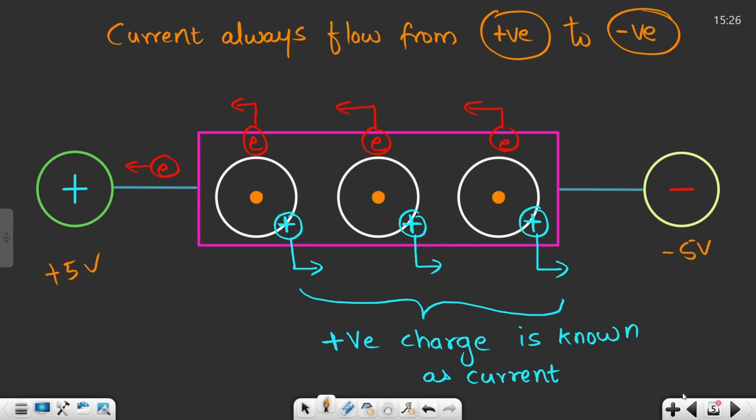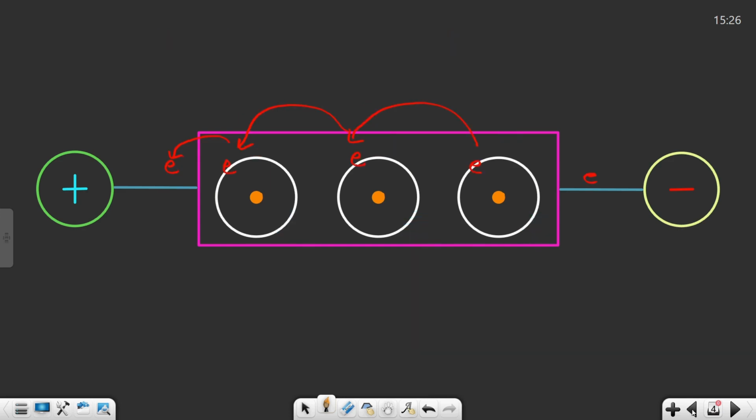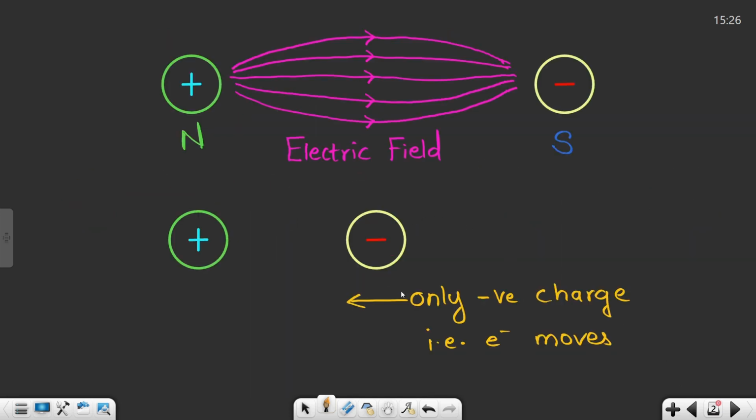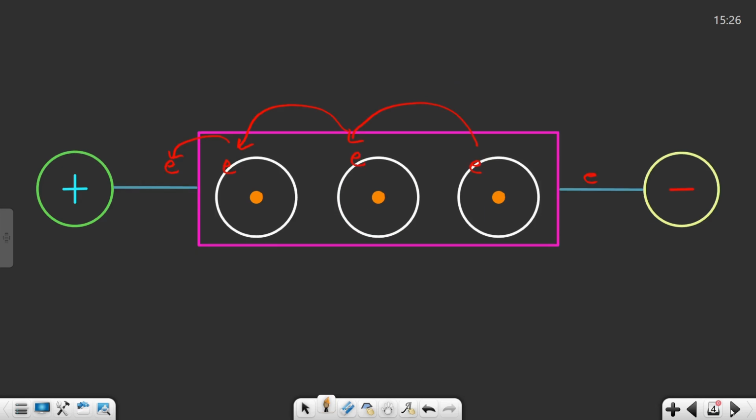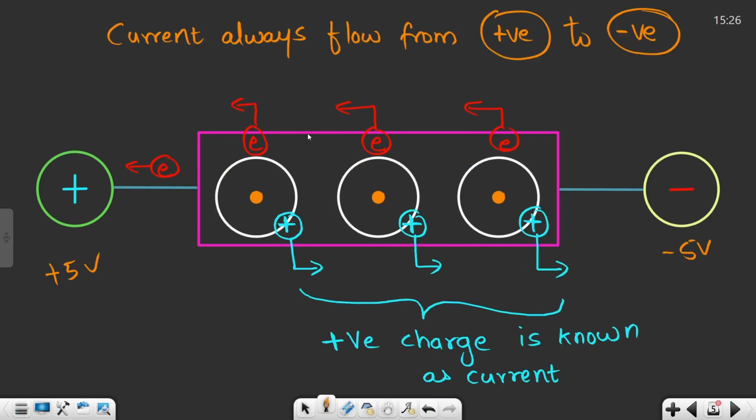Now the point to notice is that if you remember the discussion I had, which I left partially, I clearly mentioned that only electrons are moving. The positive charges are stationary. As the electrons are moving, the atom is getting certain positivity.